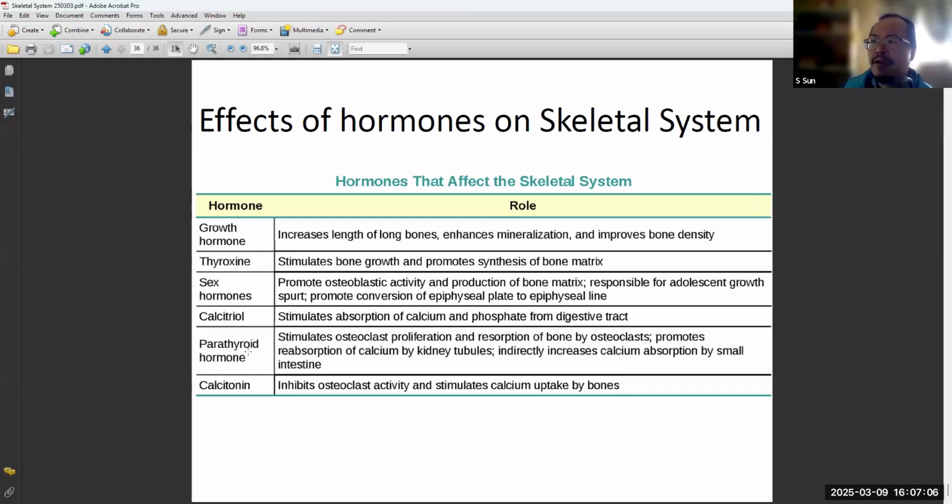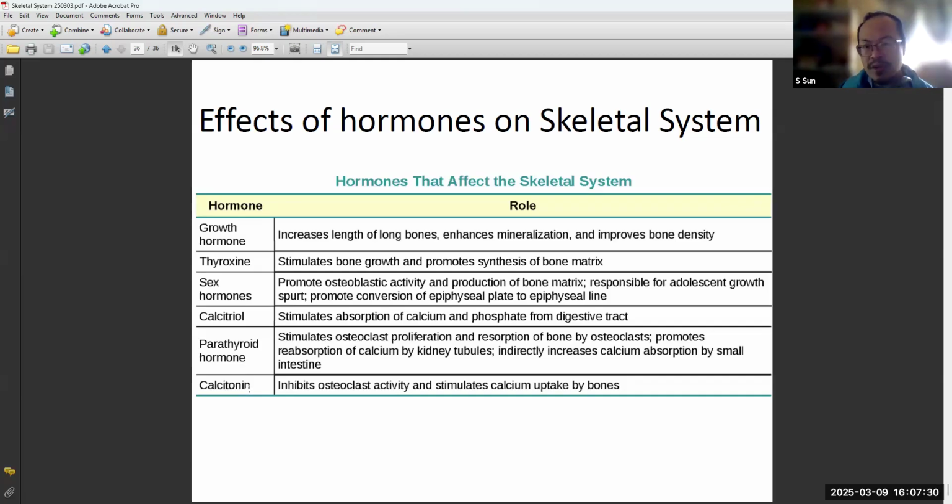Parathyroid hormone and calcitonin are associated with calcium regulation. If your blood calcium level is high, calcitonin can reduce that blood calcium level and store it in the bone.